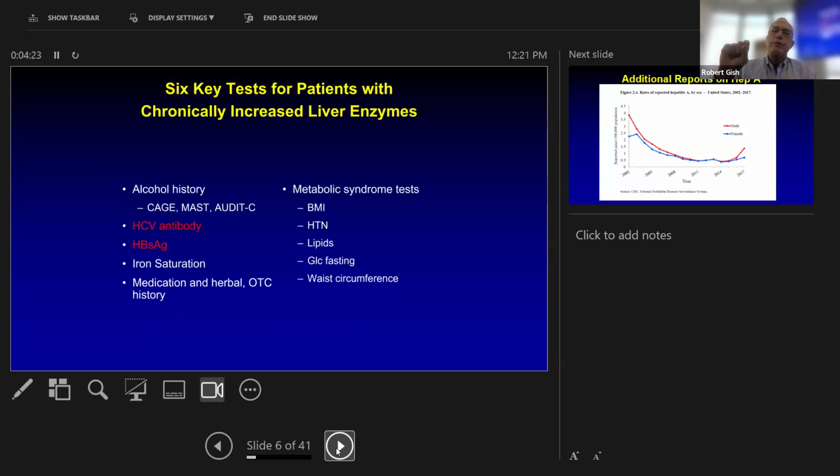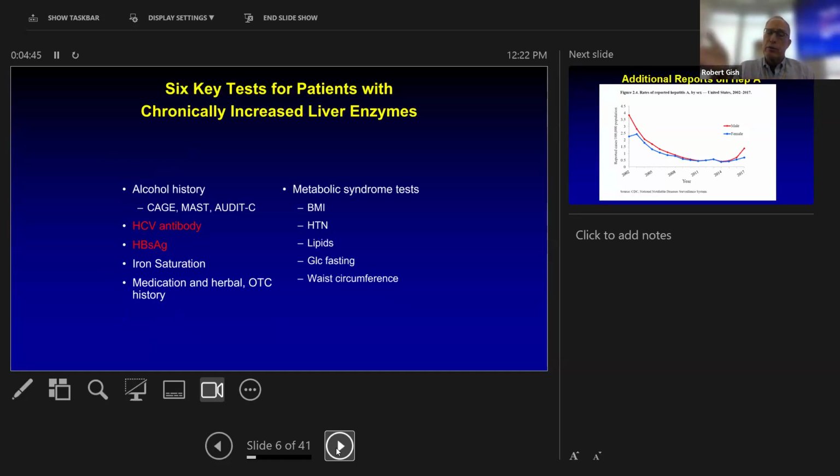Every patient with elevated liver enzymes, especially if you document it just twice, needs to have 6 tests. Take an alcohol history. But what's not on this slide, which I'll put in when I publish the deck, is a PEth test, P-E-T-H, hepatitis C antibody, hepatitis B surface antigen.